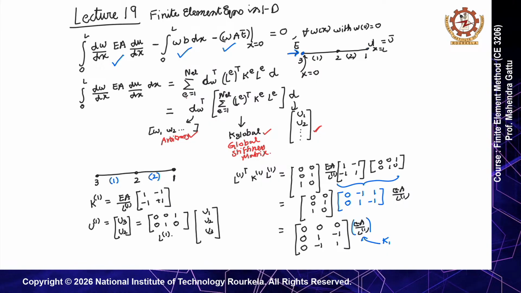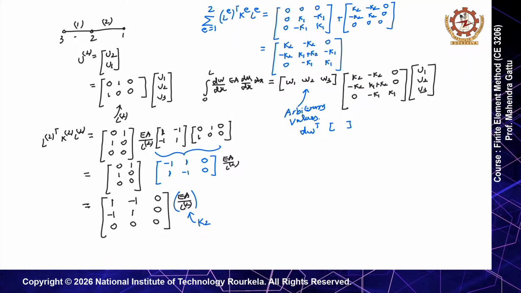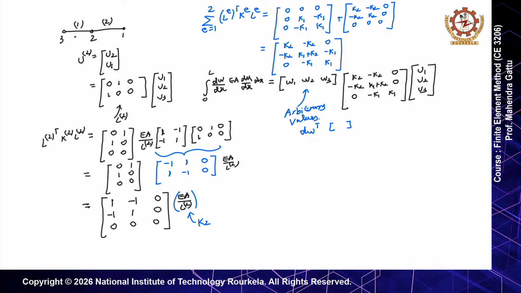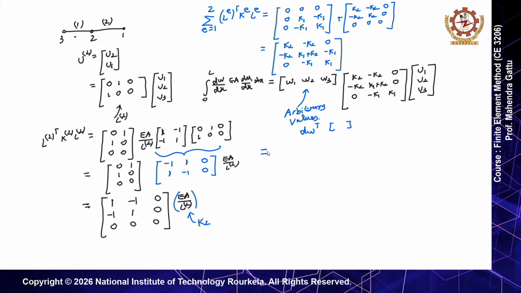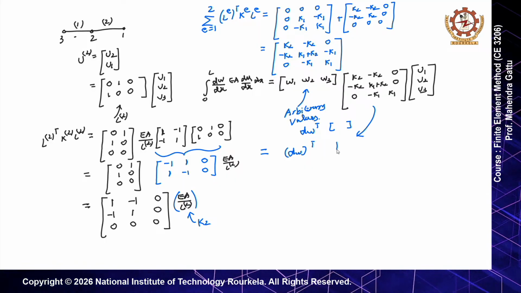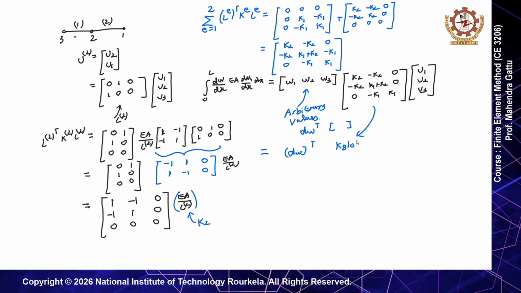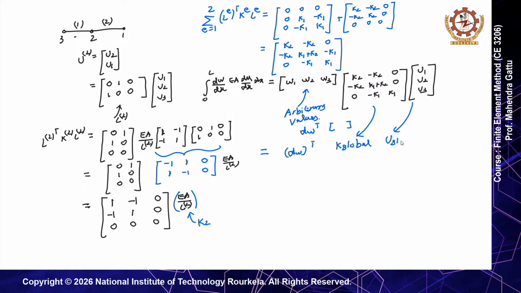So, let us summarize this. Effectively, the first term we are getting as dW transpose K global times U global.